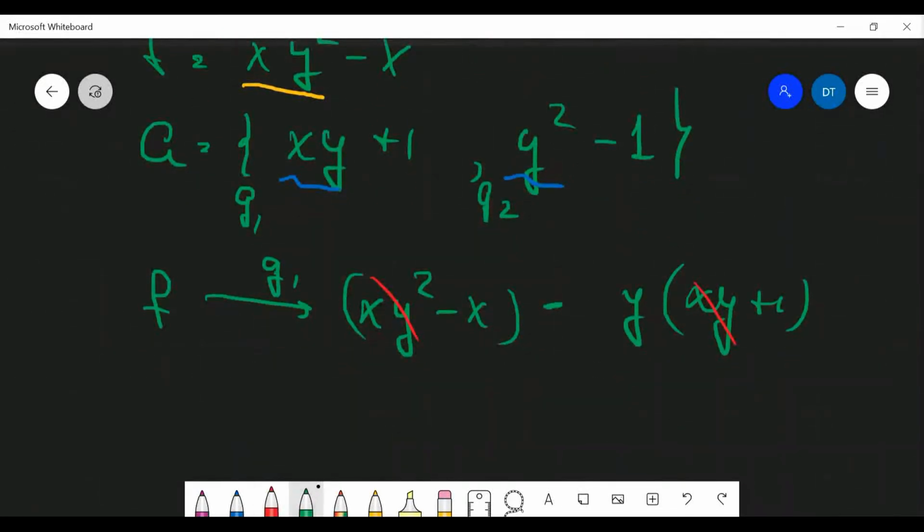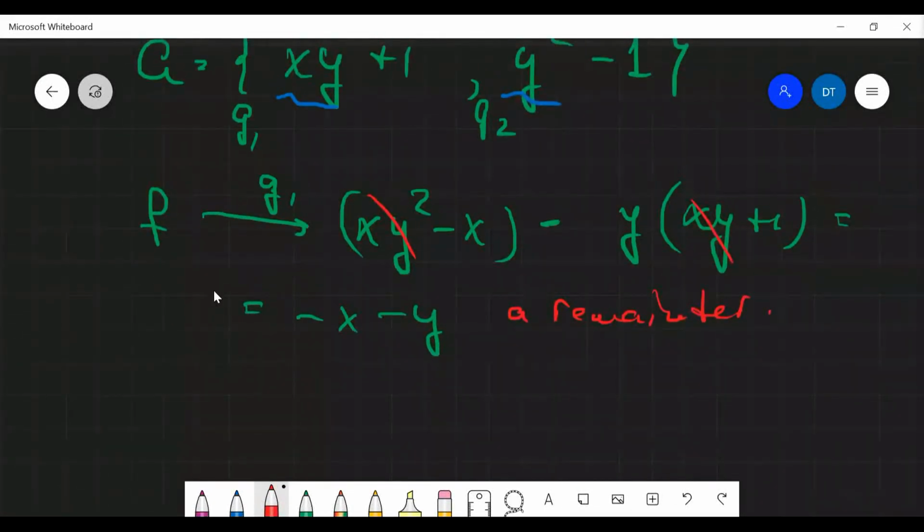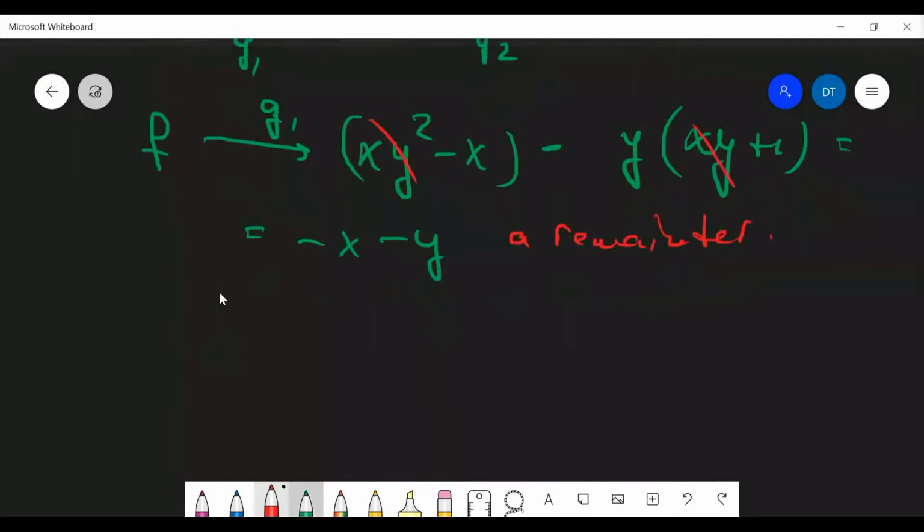As a result, we will get −x − y. And this one is a remainder, because we cannot reduce either of the monomials by the leading monomials here.